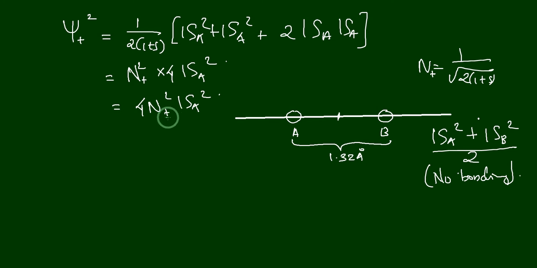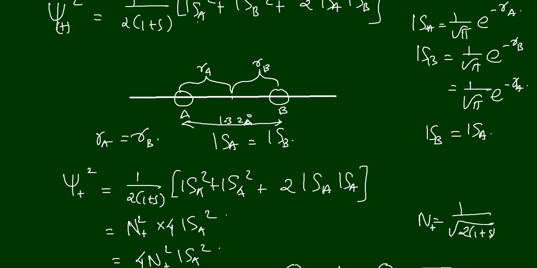And here we can see that here also 1s A and 1s B, and since it is the midpoint of A and B, 1s A is equal to 1s B here also, right? 1s A is equal to 1s B here. The same argument we can take there, because 1s A and 1s B have these expressions, right?